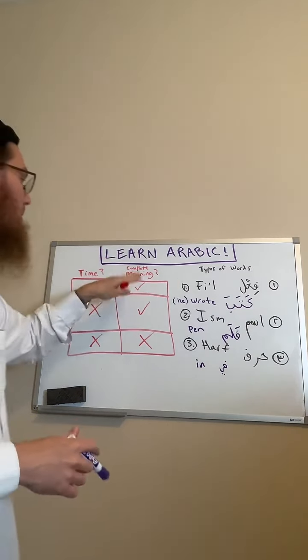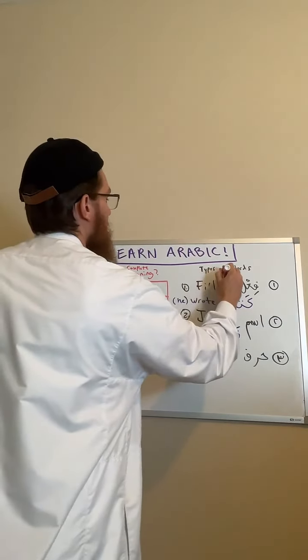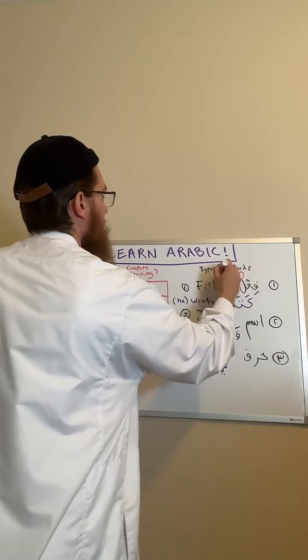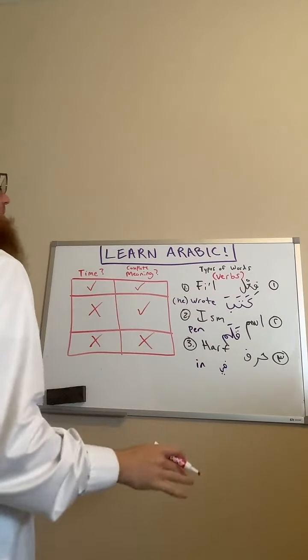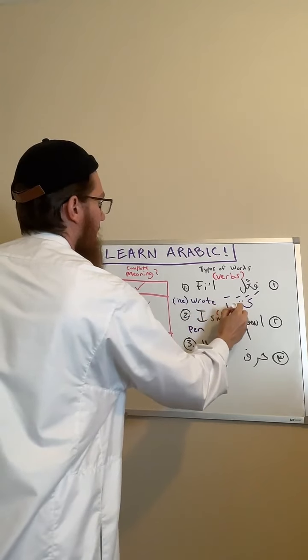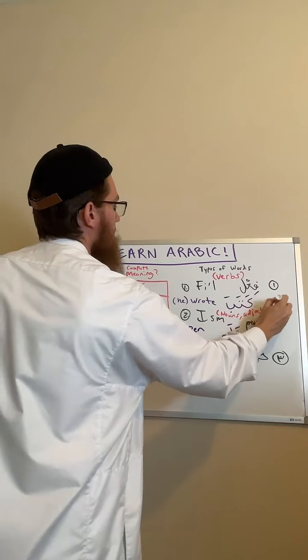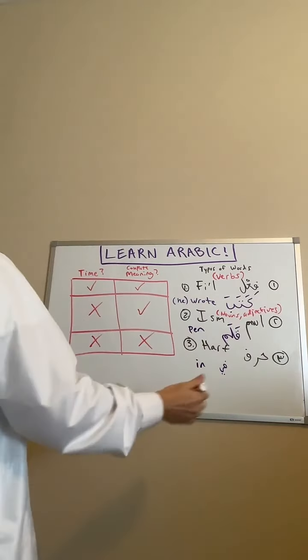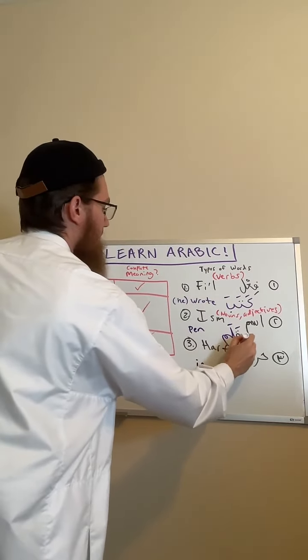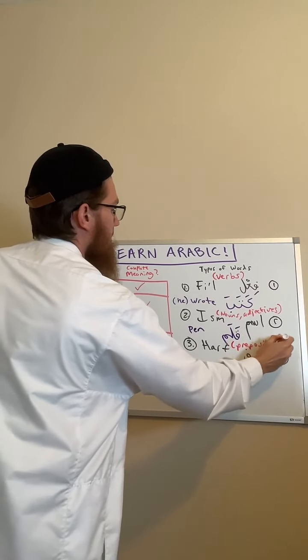The fi'l has both, similar to verbs in English. The ism has a complete meaning but no relation to time, like nouns and adjectives. And the harf doesn't have a complete meaning on its own, like prepositions: in, on, with.